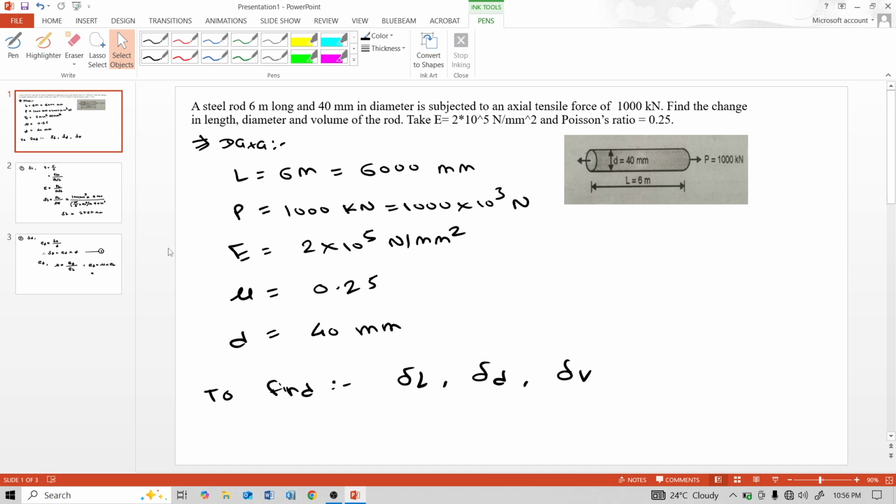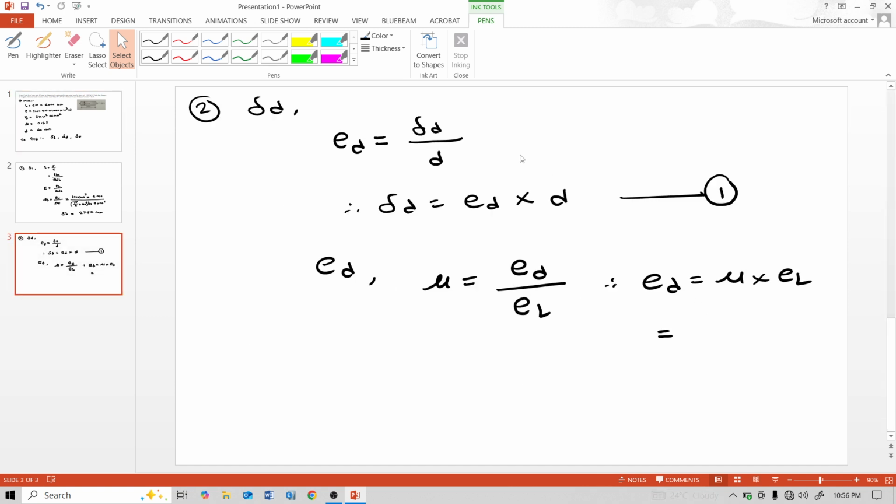Poisson's ratio is 0.25 into epsilon L, strain in longitudinal direction, which is change in length to the original length.